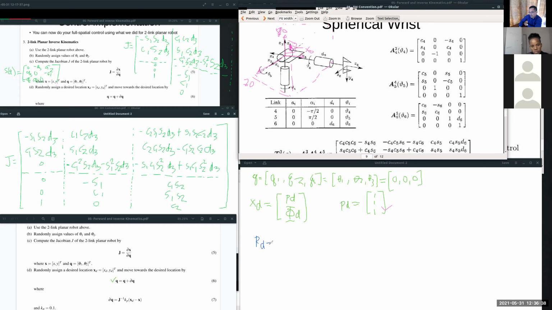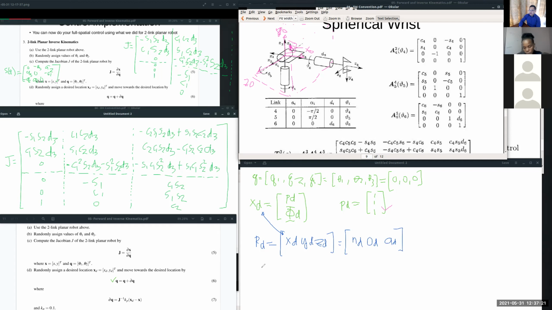This desired rotation matrix has x d, y d, and z d, but to avoid confusion, we call it NOA. The columns are N desired, O desired, and A desired. That's all to denote the columns of the rotation matrix.